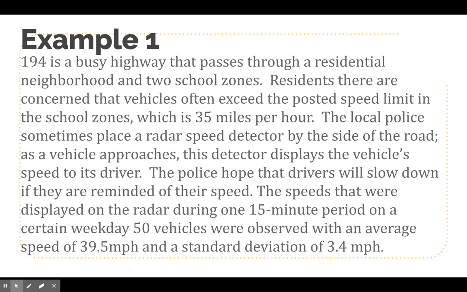The police hope that drivers will slow down if they are reminded of their speed. The speeds were displayed on the radar during one 15-minute period on a certain weekday, 50 vehicles were observed with an average speed of 39.5 miles per hour and a standard deviation of 3.4 miles per hour.